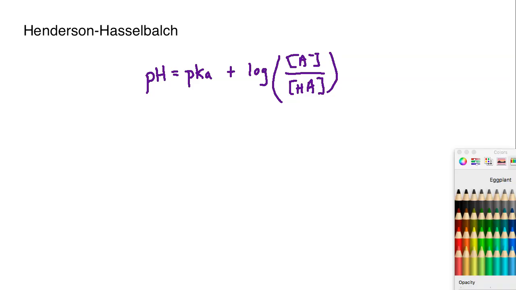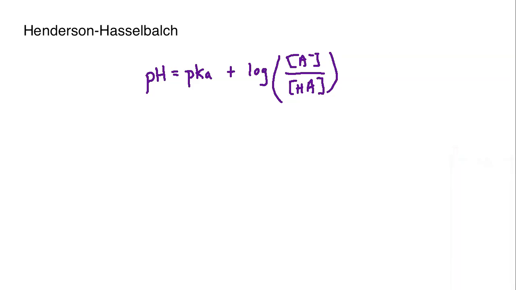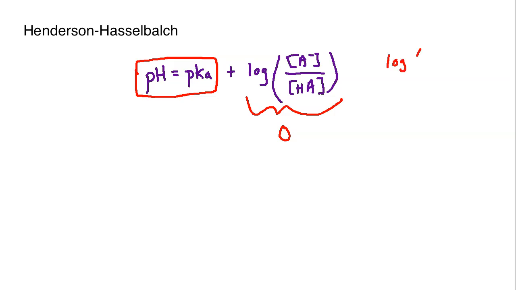There is a point in this system, or this equation, where the pH is going to equal exactly the pKa. And that is when the log of this ratio is equal to 0. Because if pKa plus 0 is equal to pKa, then the pKa will be equal to the pH. So in a situation like that, how would we get the log of this proportion here to equal 0? Well, what we would need is for it to be the log of 1, because the log of 1 is going to be 0.